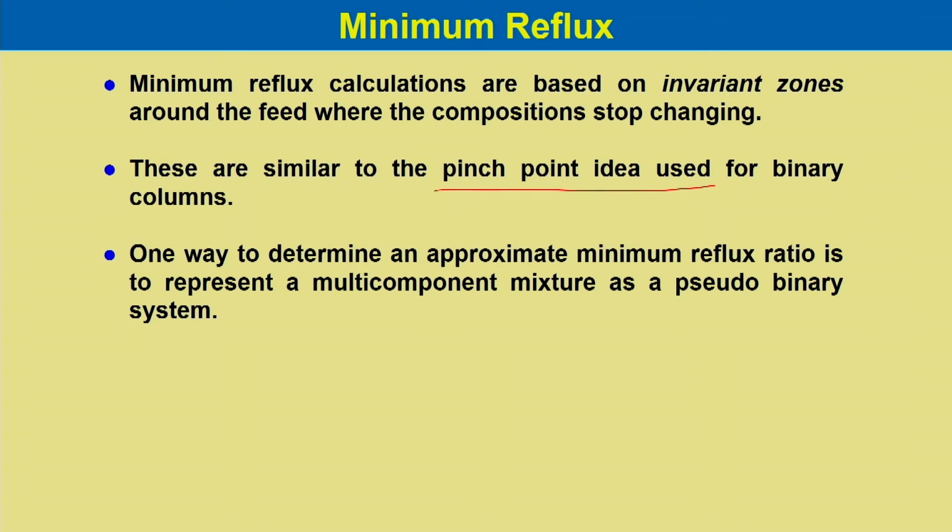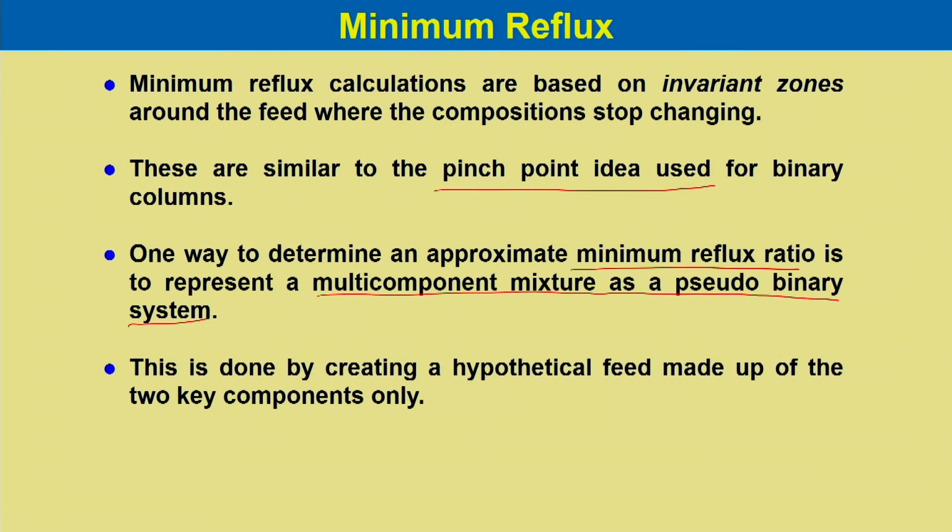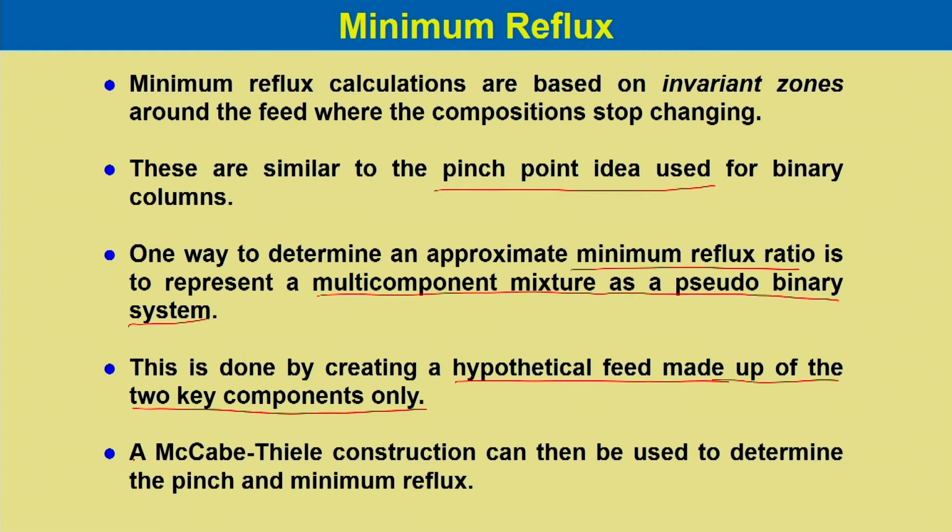One way to determine an approximate minimum reflux ratio is to represent a multi-component mixture as a pseudo binary system. This is done by creating a hypothetical feed made up of the two key components only. Then a McCabe-Thiele type construction can be used to determine the pinch and the minimum reflux.